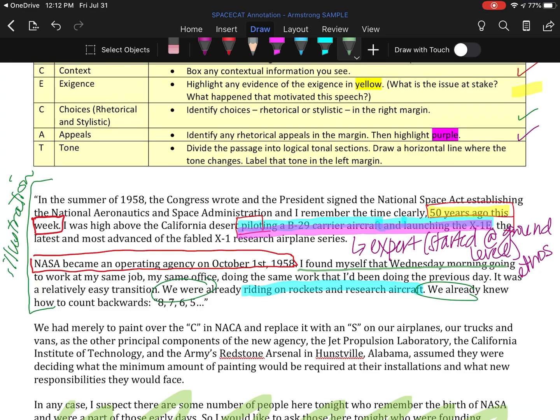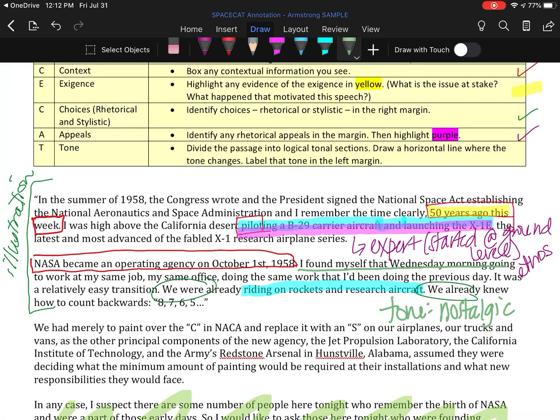But he's talking about, like I said, that moment when he remembered finding out about NASA, learning what it was, knowing it was going to be the moment it became an official agency. And to me, back to these days when he was working as a pilot in this experimental force, and kind of thinking about that time fondly.